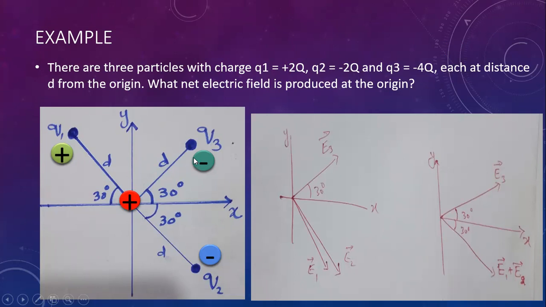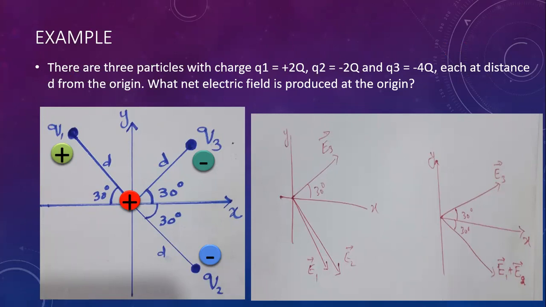Okay, the third one is our Q3. This Q3 is negative, so it will attract this test charge. So the direction of electric field E3 will be along this direction. You can see E1 and E2 are in the same direction, so they will simply be summed, and E3 is in the opposite direction.